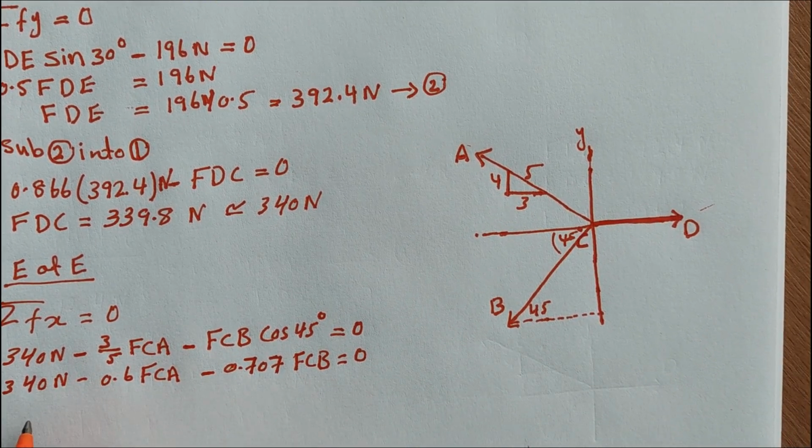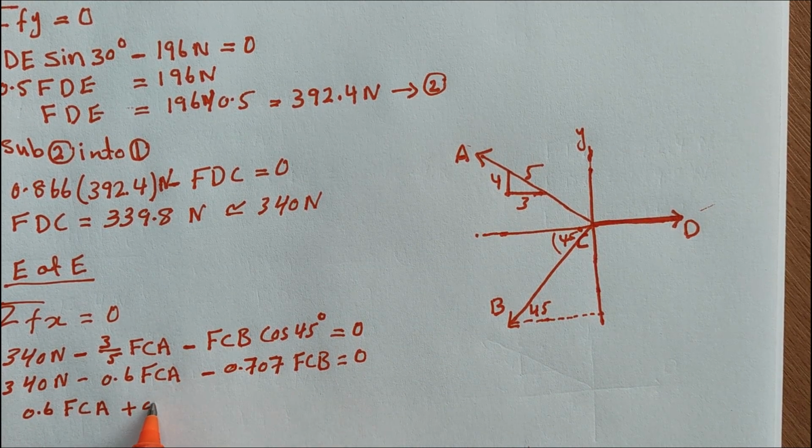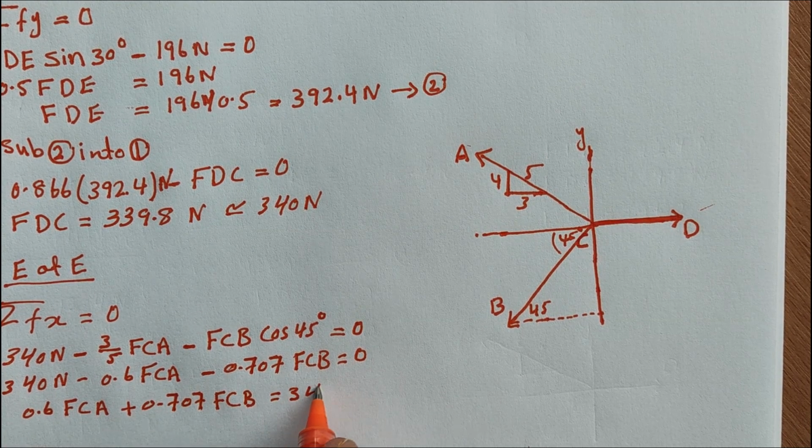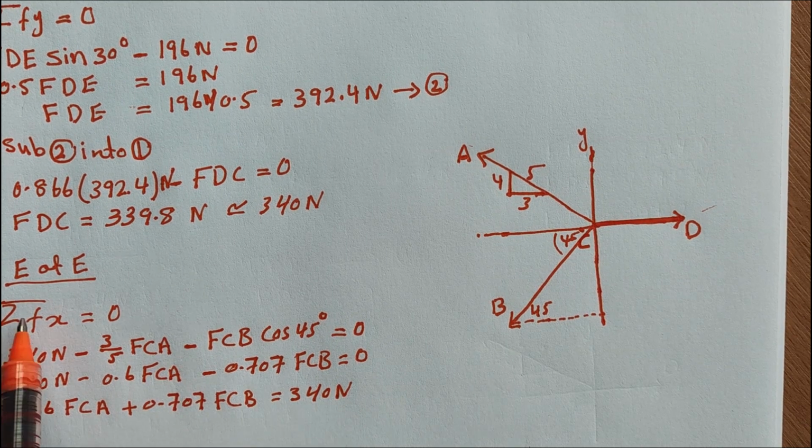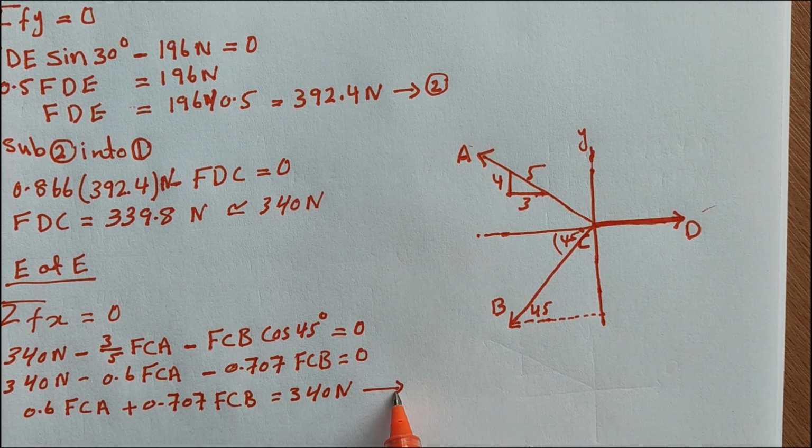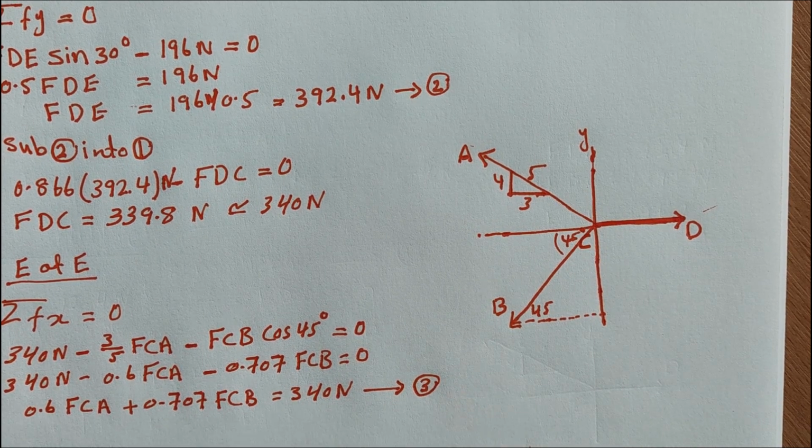From here, simplify it further, we take this to the other side: 0.6 FCA plus 0.707 FCB equal to 340 Newton. Now these are the sum of the forces on the x-axis. Let's number this as number 3 in this case.